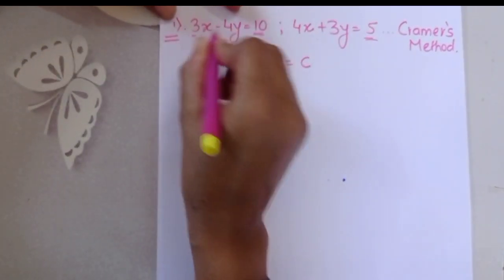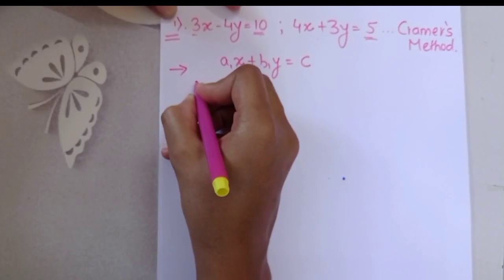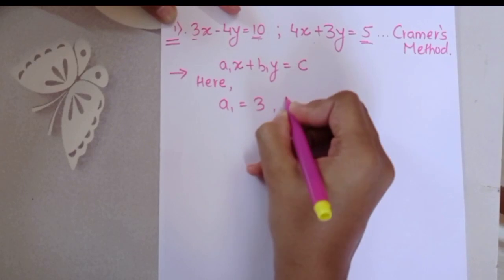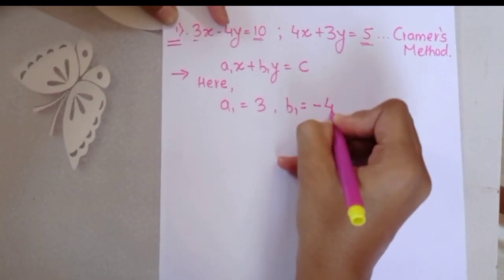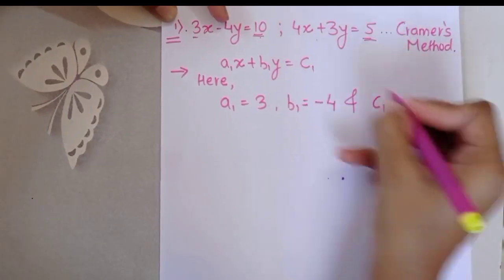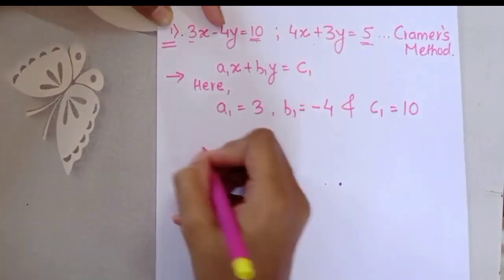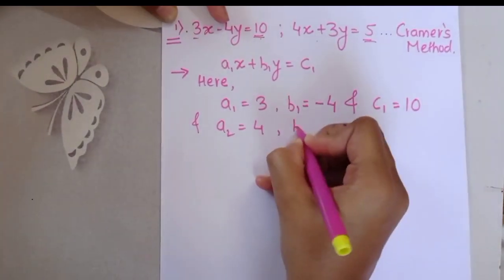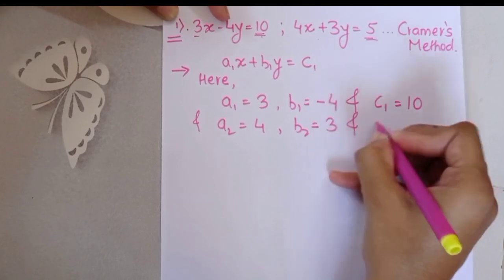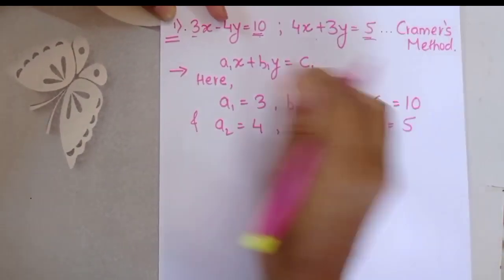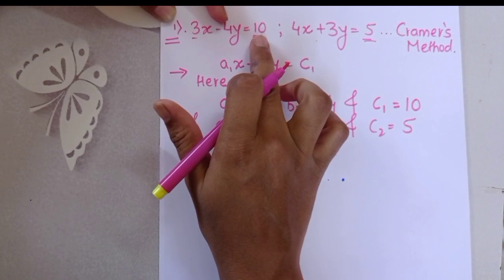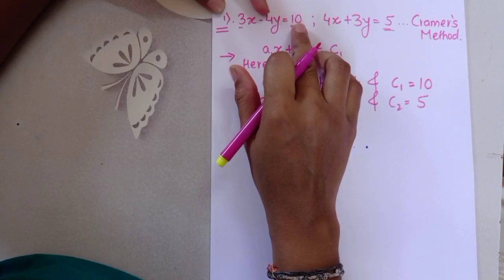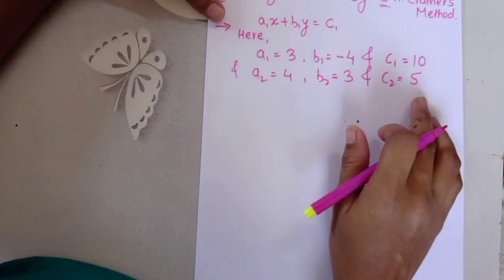Now, comparing these constants with this equation, here a1 is equal to 3, b1 is equal to -4 and c1 is equal to 10 and a2 is equal to 4, b2 is equal to 3 and c2 is equal to 5. If the constant term is not on the RHS, then we have to transfer it towards the RHS.